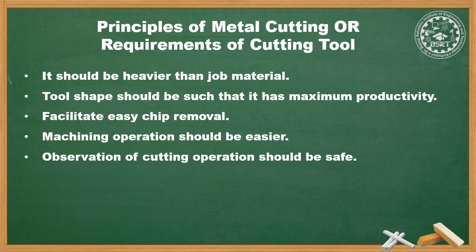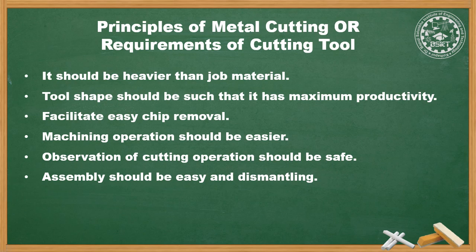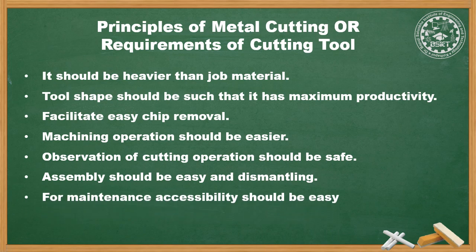Cutting should not be difficult for the operator or dangerous. Sixth, assembly should be easy, as should dismantling. The assembly and dismantling of the cutting tool should be easy and the tool should be accessible for maintenance.